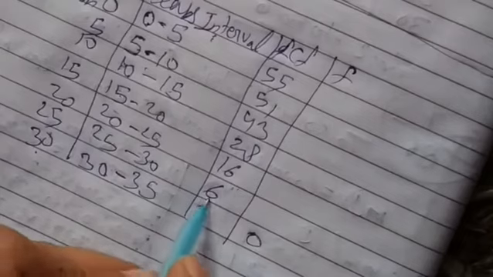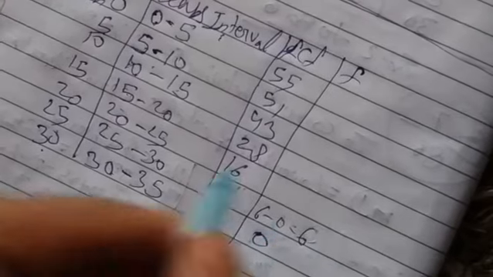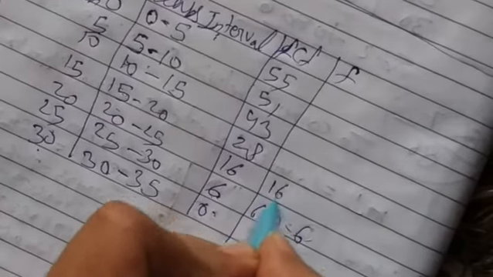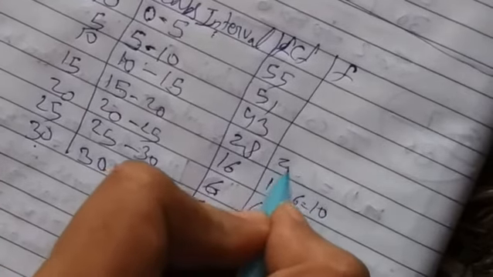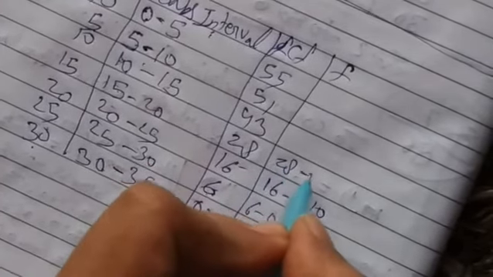Now here the total frequency is 6. What we do, we'll subtract the last frequency, that is 0. So 6 minus 0, that is 6. Now 16 minus 6, that is 10. Then 28 minus 16, that is 12.